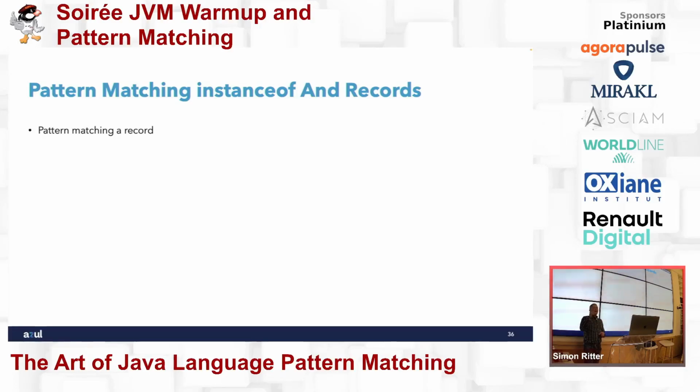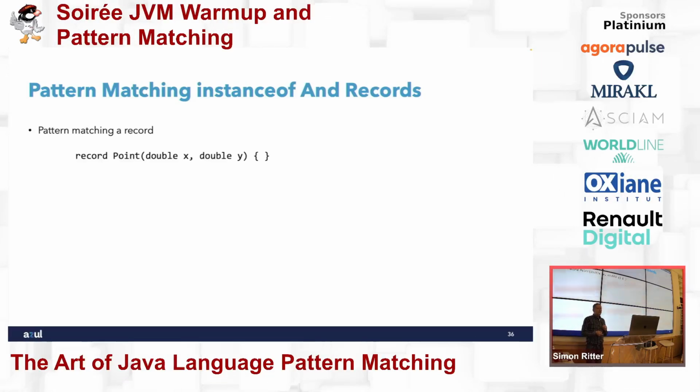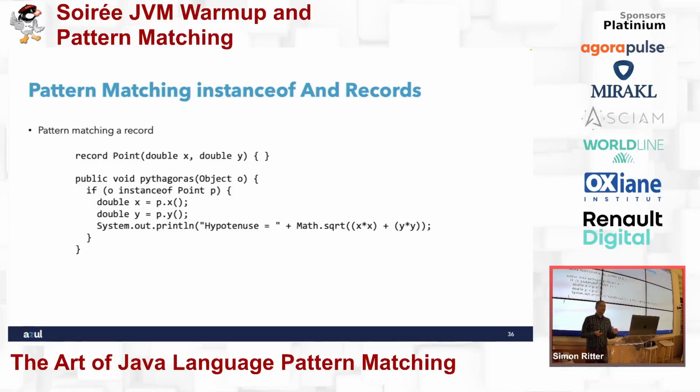Matching instanceof and records. So let's combine the ability to test a type with a record. We'll use the record that we had before, SimplePoint, double x, double y. Now what we could do is something like this, calculating the length of the hypotenuse using a single point to represent the point on a triangle.